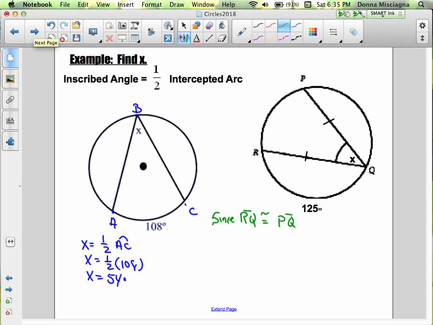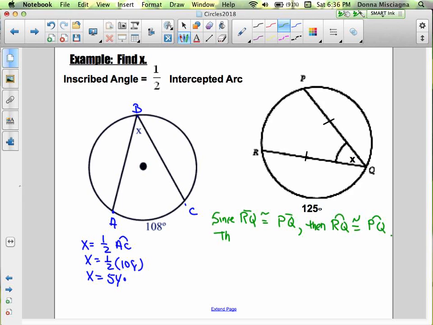Since segment or chord RQ is congruent to chord PQ, then we know that arc RQ has to be congruent to arc PQ, right? Because congruent chords have congruent arcs. We know the measure of arc RQ, that's 125 degrees.